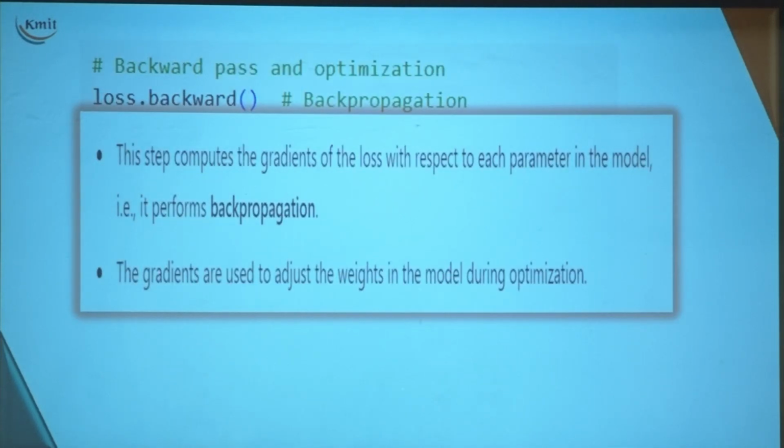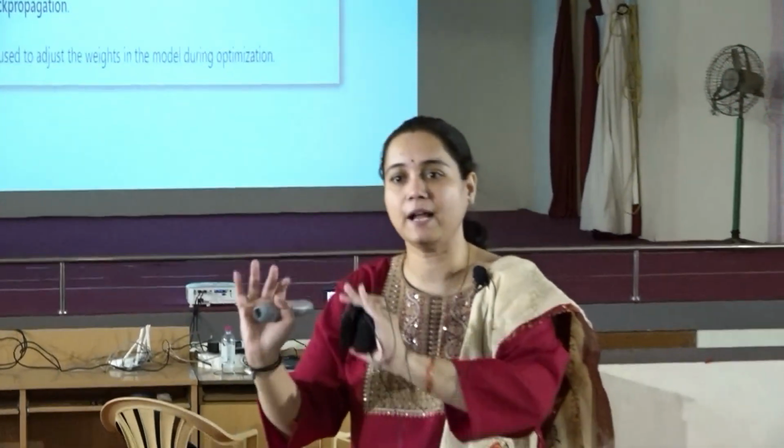Now we are going for the backward pass, simply computing the gradient of loss with respect to each parameter. Automatically it is done inside an LSTM layer, and the gradients are used to adjust the weights in the model. Till now we were more focused on updation of these weights and biases, but now we are keeping that process automated. Here we are just passing what parameters are required for smooth running of forward pass and backward pass.